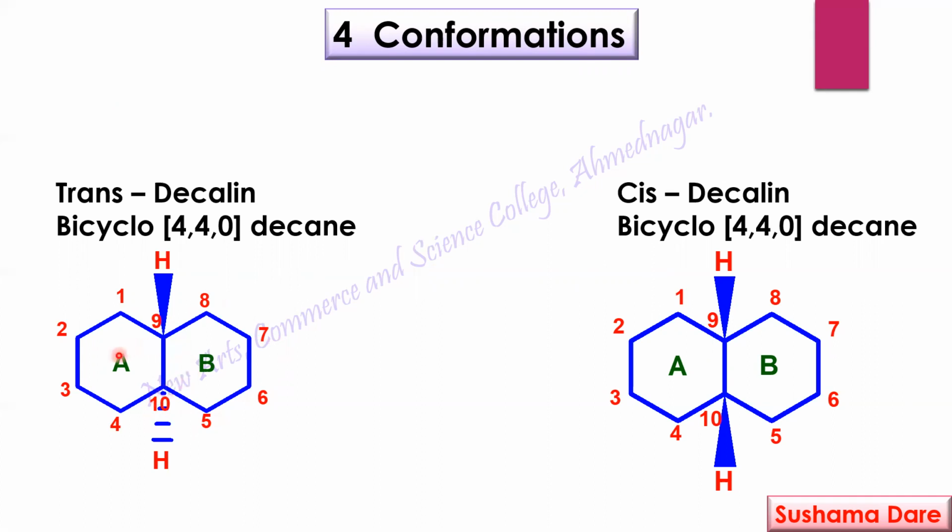This is the pattern of numbering in the decalin system. Same here, the fused carbons are numbered at the end and the continuous numbering is there, 4, 5, 6, 7, 8, 9, 10. Here the stereochemistry of these two protons is cis, that is, they are facing in the same direction.